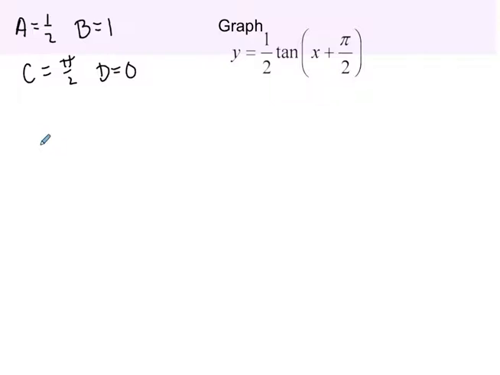Now, we want to find the period. The period of my transformed graph is the period of the non-transformed graph divided by the absolute value of B. B here is 1, so my period is pi. Now I have the period. There is no amplitude.